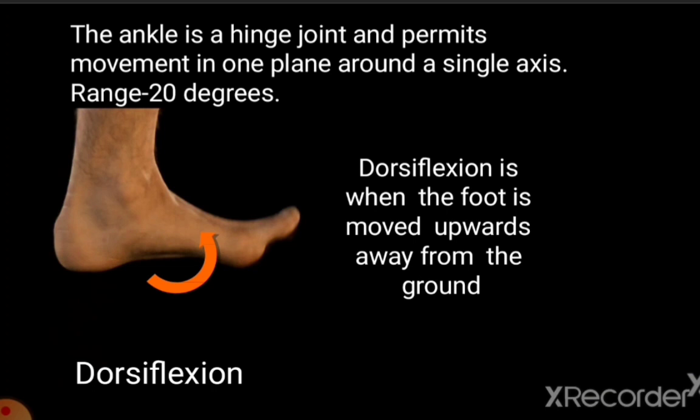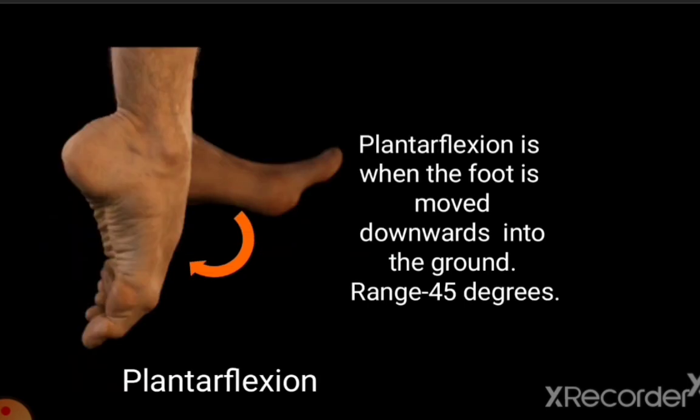Dorsiflexion is when the foot is moved upwards and away from the ground. This ankle joint movement is around a single axis and it ranges up to 20 degrees. This is plantar flexion, when the foot is moved downwards and to the ground, and the range of this movement is 45 degrees, and the axis is again the horizontal axis.